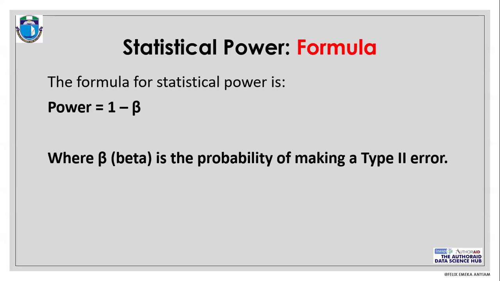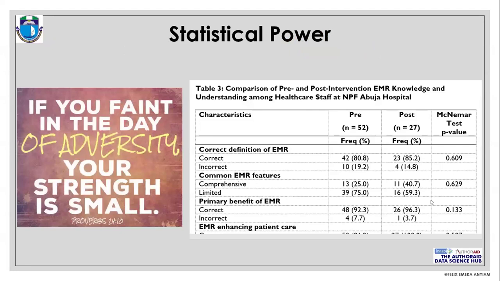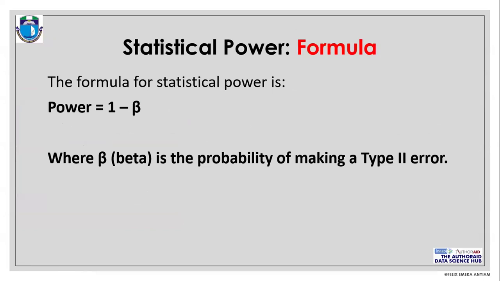So it means that if we had enough power here, because if you look at this example I'm giving you, we would probably not be committing a type 2 error. If we have enough power here, our p-value may probably be significant. But because we don't have enough power, we are making a type 2 error.